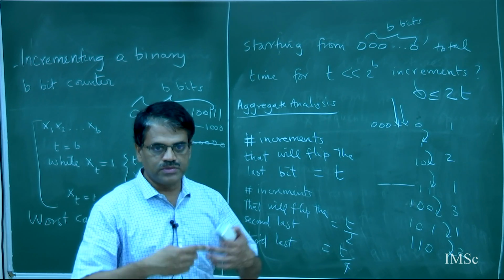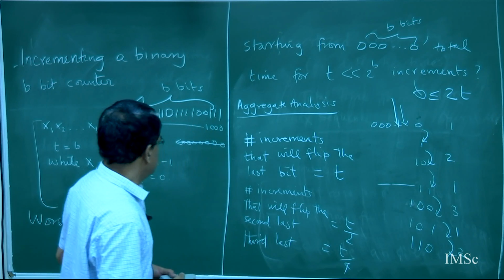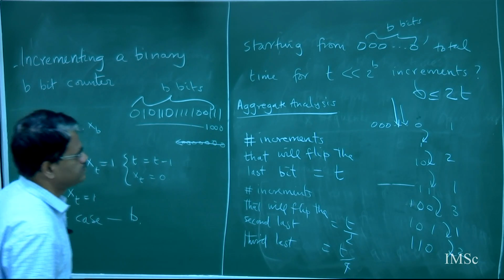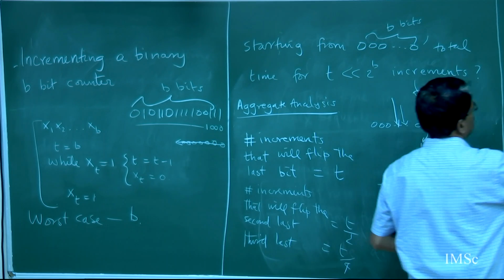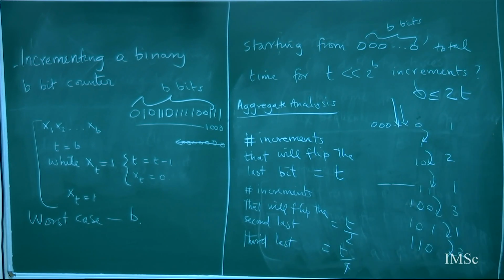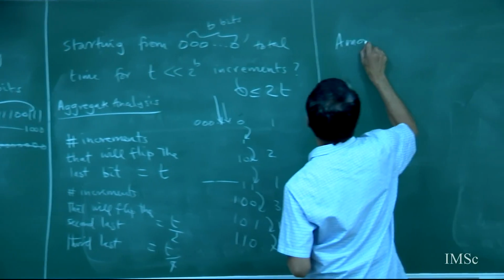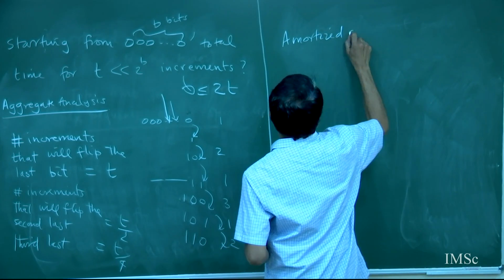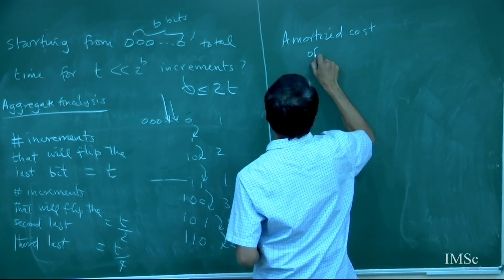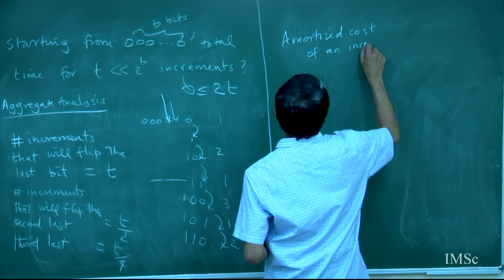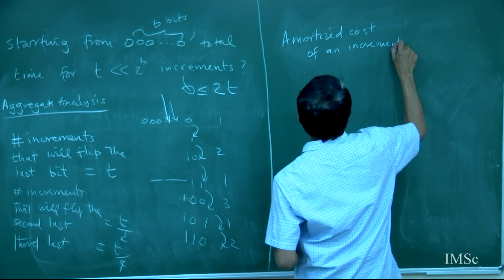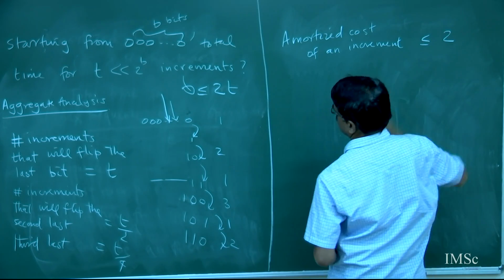So it's a much better estimate than simply saying T times B. So the amortized cost of an increment is at most 2.